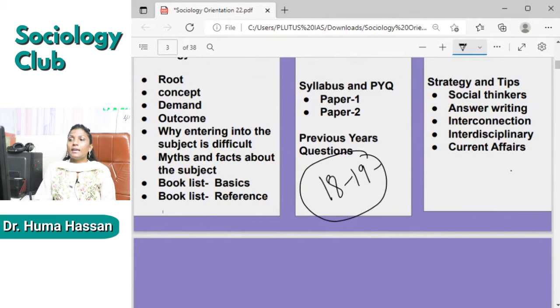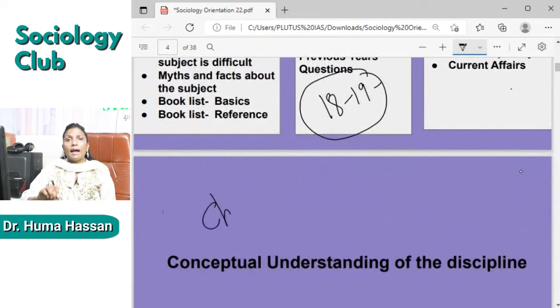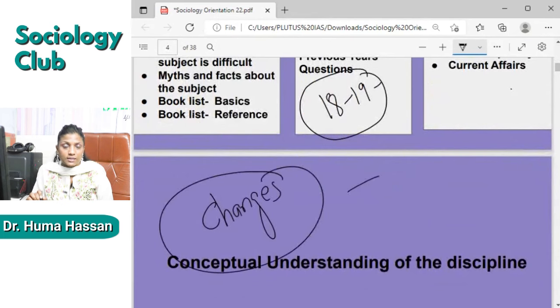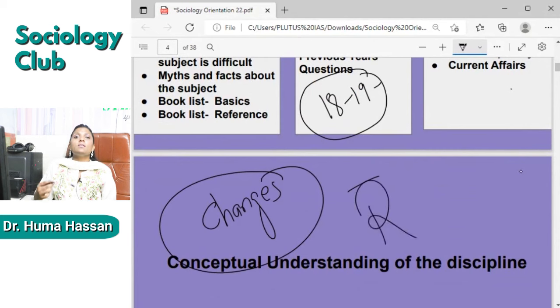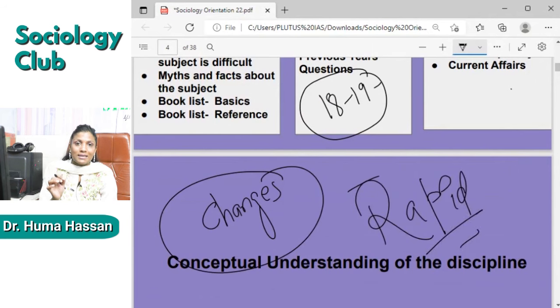If I'm saying that changes took place in the 18th and 19th century, change is not a new phenomenon. As I said, change is the only constant of society. But the changes which came in the 18th and 19th century were rapid. In a few years, the changes were so abrupt that we can see their existence everywhere.